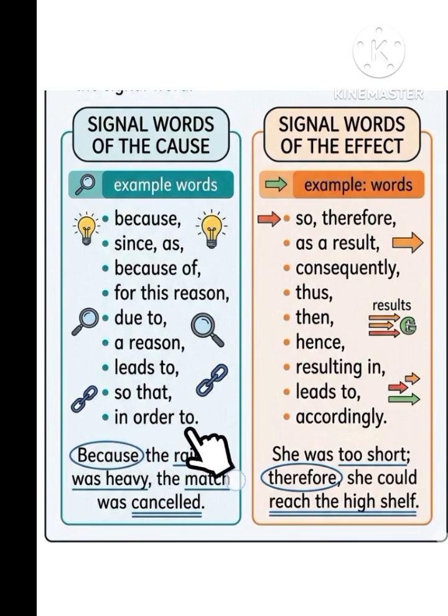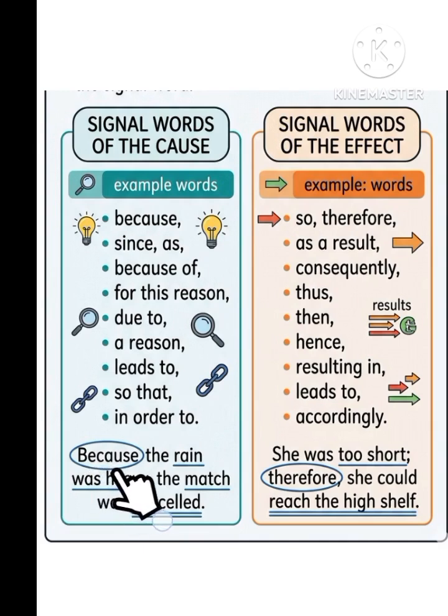Let's take this example. Because the rain was heavy, the match was cancelled. So, does because the rain was heavy tell us about the cause or the effect? Yes, it tells us about a cause because we have because, and because tells us about the cause.